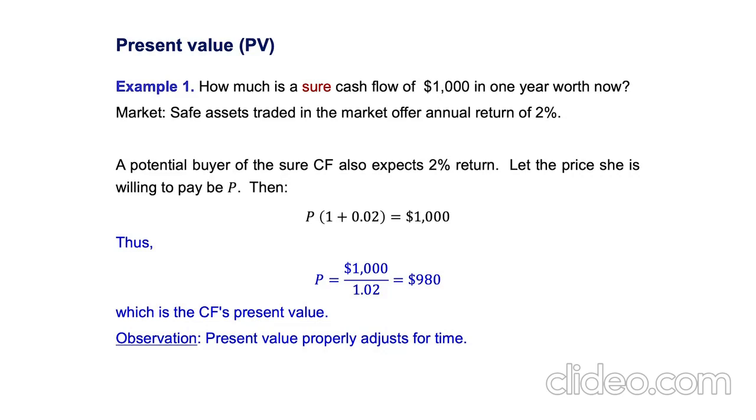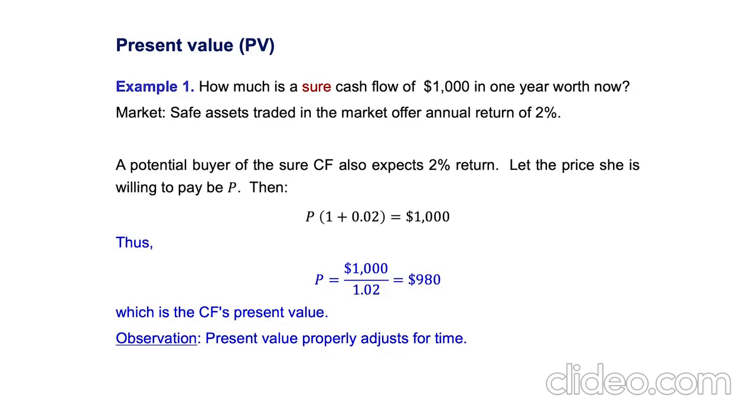So this is really what any investor in the market will be willing to pay, which is also what we call the present value or the current market value of this cash flow. It's really given by the expected cash flow from this asset, in this case $1,000 for sure, discounted at the required rate of return of 2%.